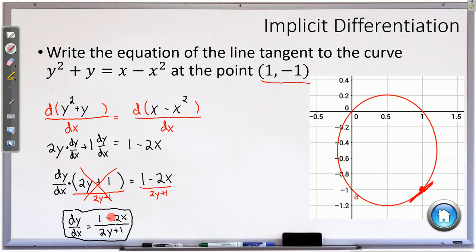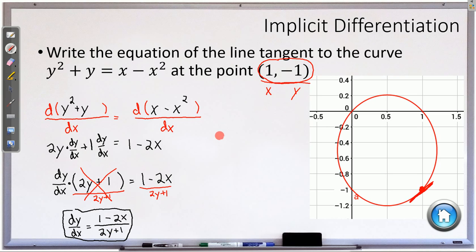Well, I still don't have a slope, because I need the slope at 1, negative 1. And so usually we just have to plug in the x, but because we have x's and y's, we're going to plug in the x, and we're going to plug in the y. So 1 goes in for x, and negative 1 goes in for y.